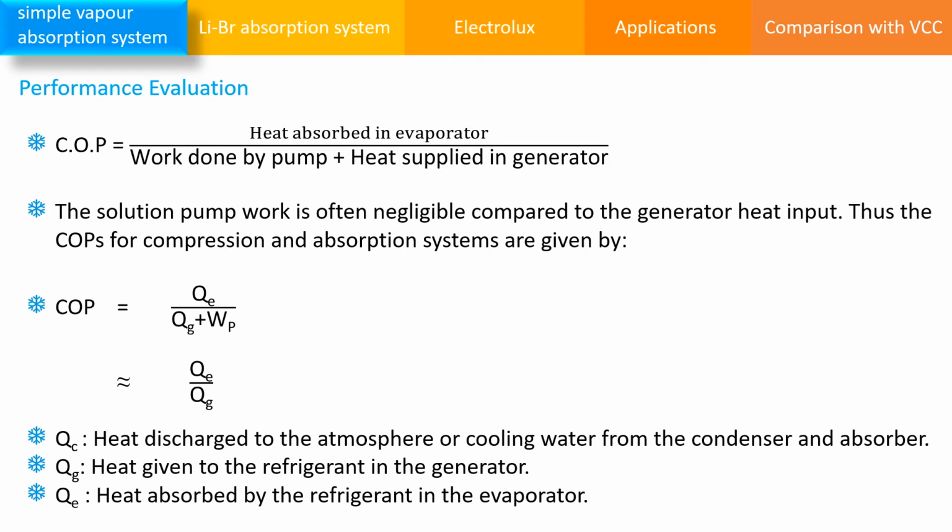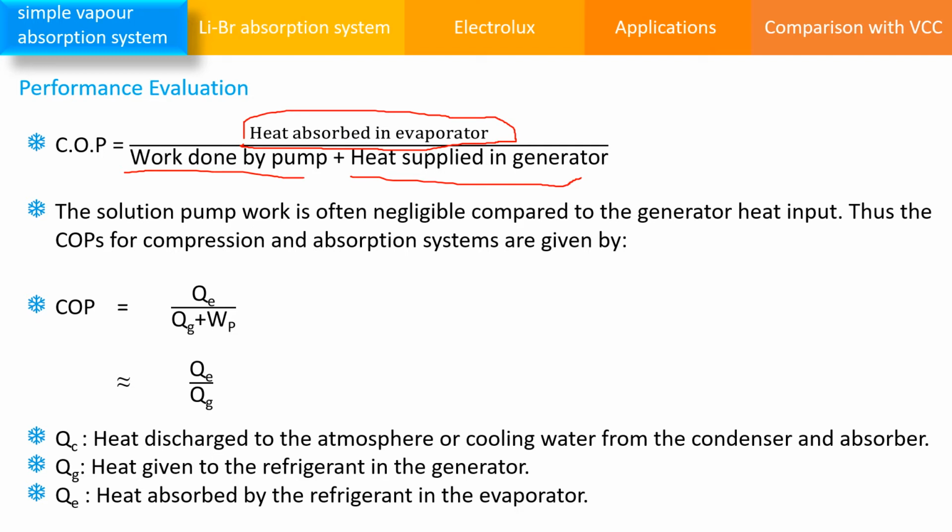This is the performance evaluation, that is, calculating the coefficient of performance of the simple vapor absorption system. So COP is the desired effect upon the input energy provided. Here the desired effect is heat absorbed in the evaporator, which is our cooling effect of the refrigerant. And the input energy provided is the work done by the pump and heat supplied in the generator.